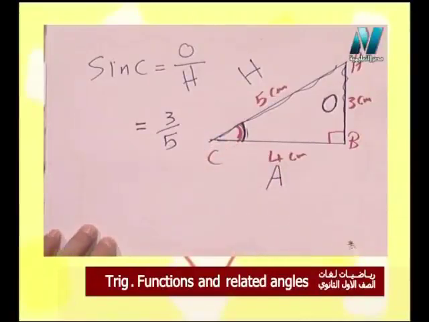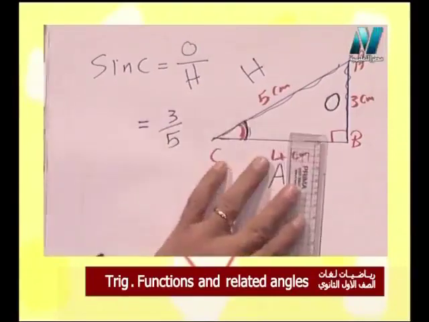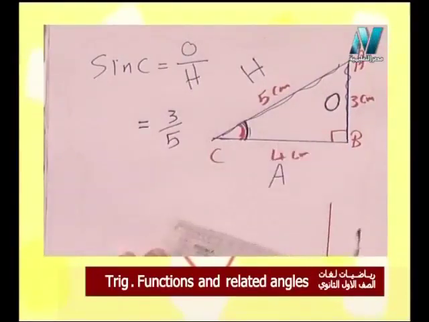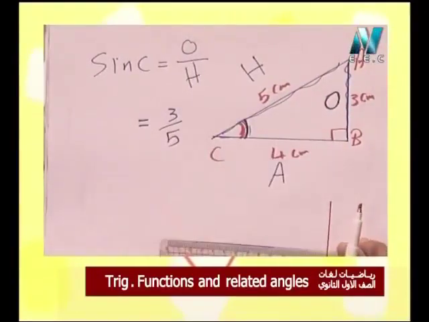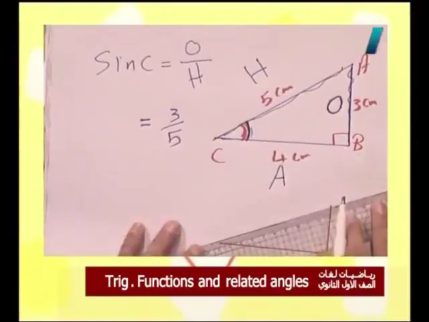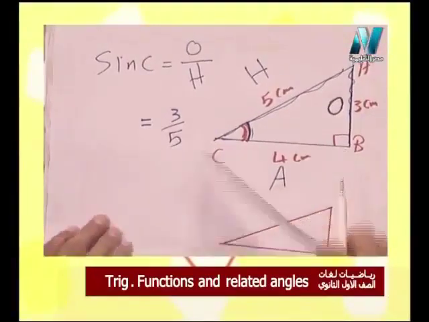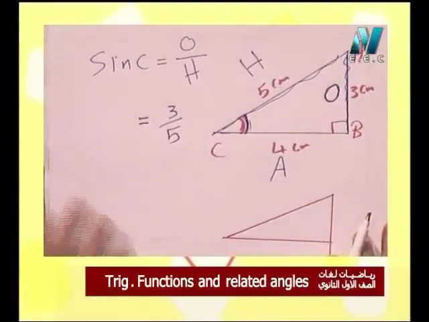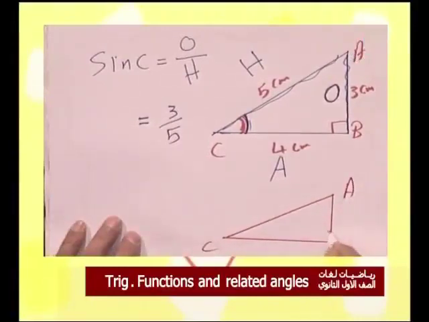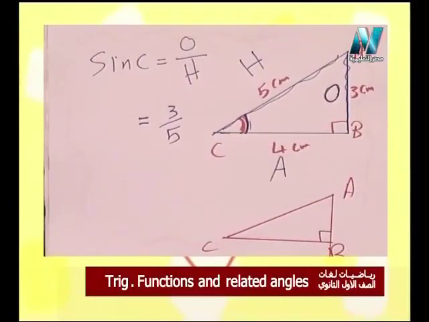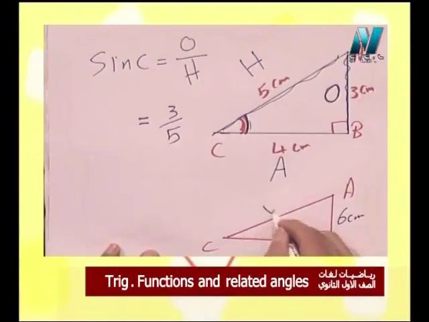Okay. For another triangle, if we draw another small or big triangle, we'll find that it is a right angle triangle, and we have C, A, B here. If this side equals 6 centimeters and this one equals 8 centimeters, this side AC, which is the hypotenuse, equals 10 centimeters.